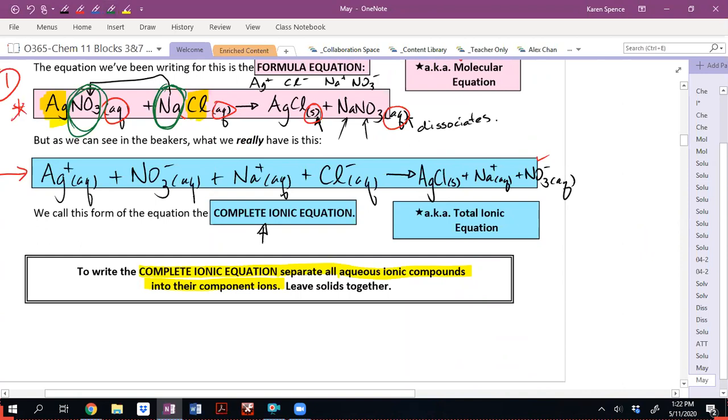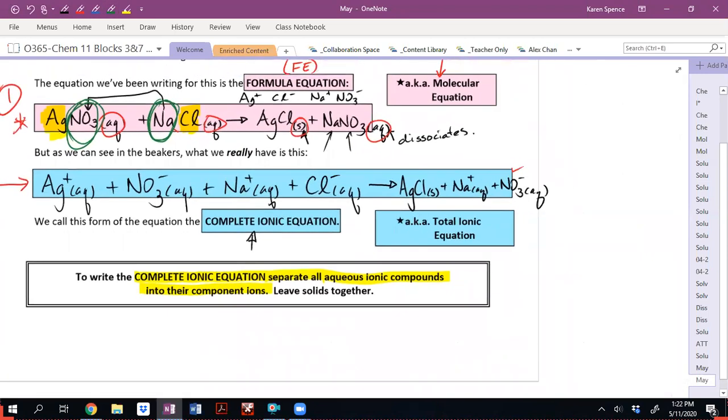Now, one thing you can do is you can go through and circle things that have not changed from one side to the other. Silver has changed. Sodium, however, was Na plus over here and it's Na plus over here. It did not change. NO3 minus over here, it's still NO3 minus over here.